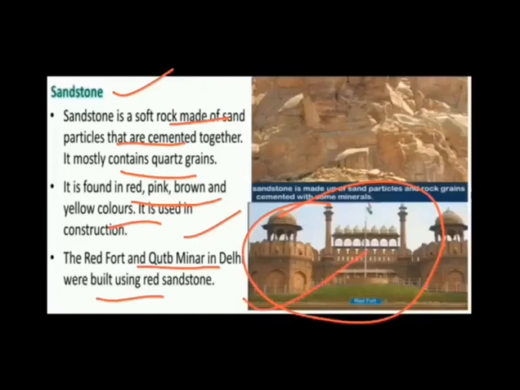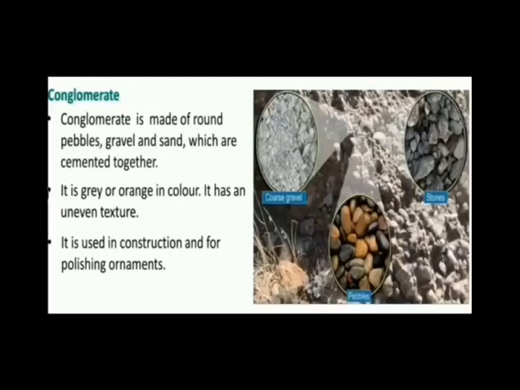Now the next example of sedimentary rock is conglomerate. Conglomerate is made of round pebbles, gravel and sand which are cemented together. They are formed by the cementing of rocks, pebbles, gravels and stones, and are grey or orange in color.